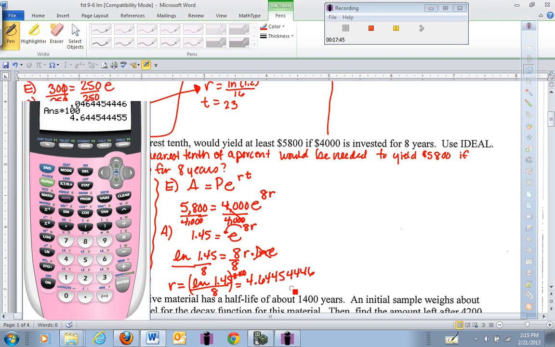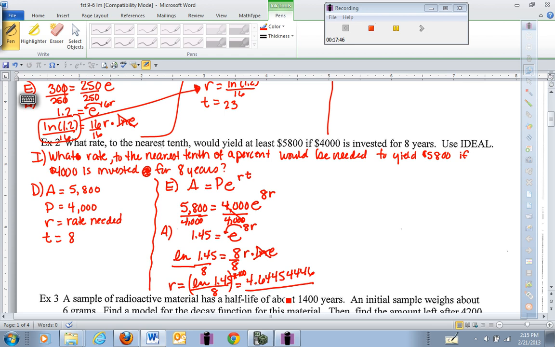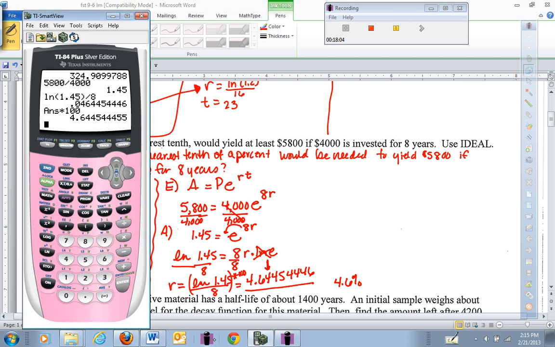Okay. Now, pure mathematical rounding would yield 4.6%, right? If we just said, okay, look at this digit, it's not 5 or bigger, but let's see what would happen with our money.